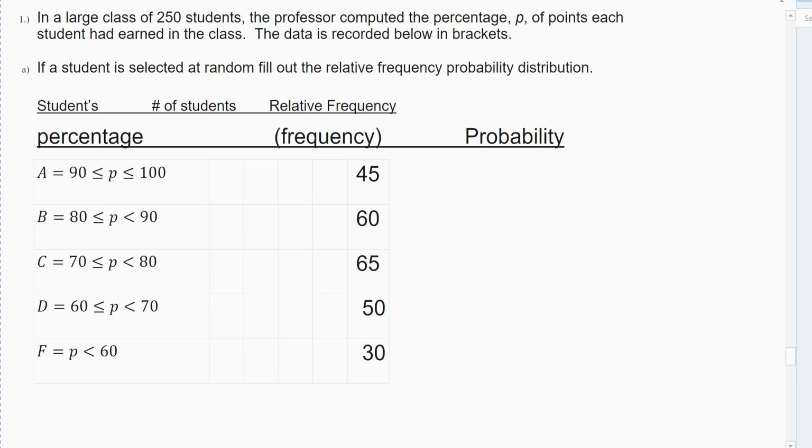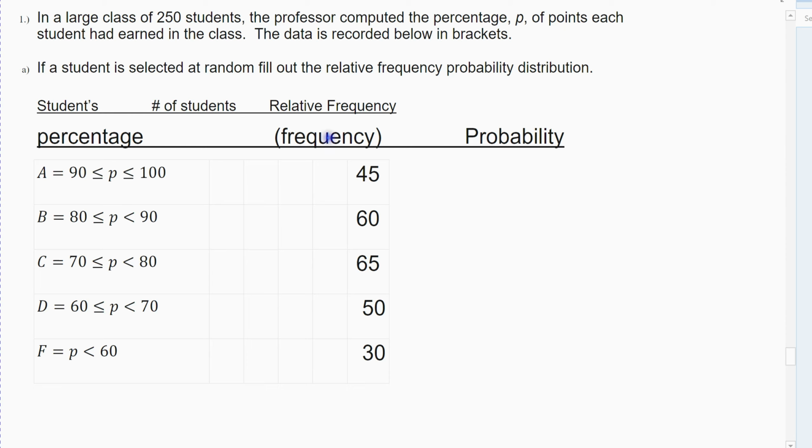Suppose that we have gathered a large class of 250 students. The professor computed the grade point average, the percent, for each student who earned the class and recorded it in a relative frequency table. We want to find the relative frequency probability distribution for this particular table. The frequency is the outcome.